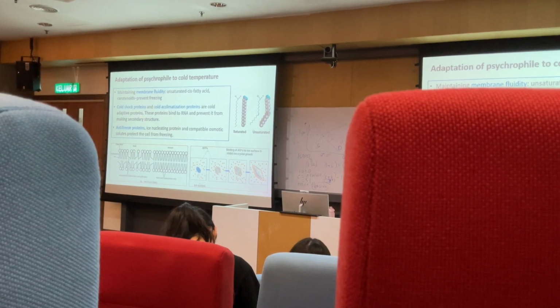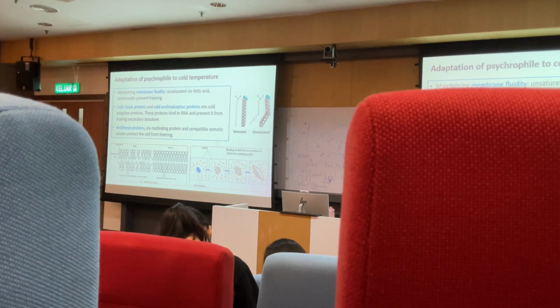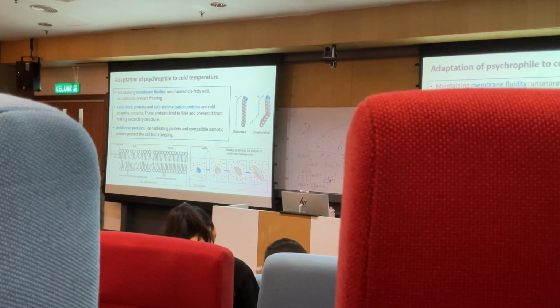When you suddenly reduce the temperature, even for a mesophile put in the fridge or freezer, it will immediately express cold shock proteins. These cold shock proteins bind to the nucleic acid, protect it, and do not allow it to form a secondary structure.